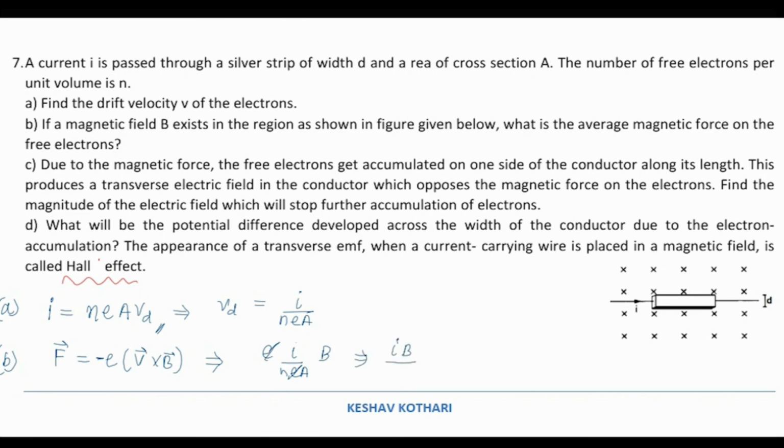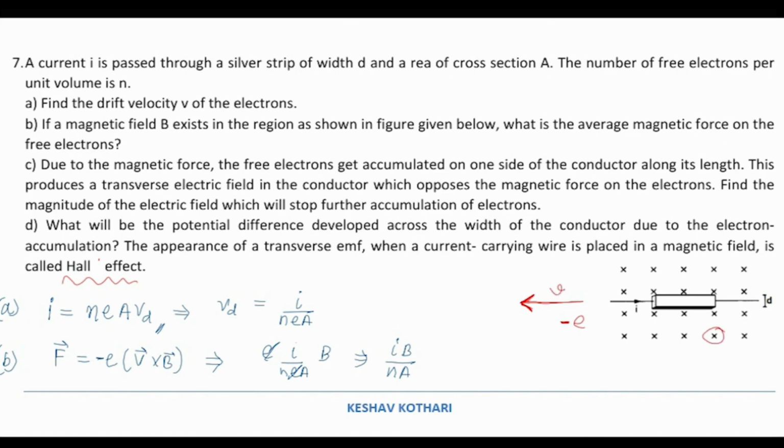Now let us look at the direction in which this force is acting. Since the current is going from left to right, the electron is moving from left to right, and the electron is a negatively charged particle. The magnetic field is perpendicularly inward, directed into the plane of the screen, and this is the velocity v.